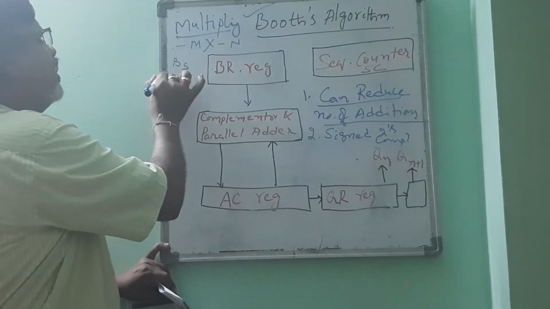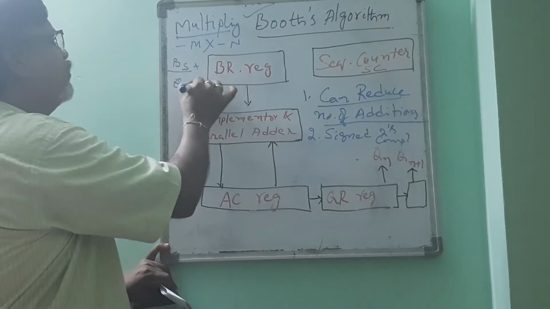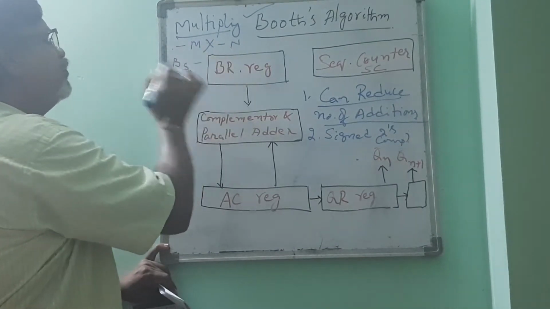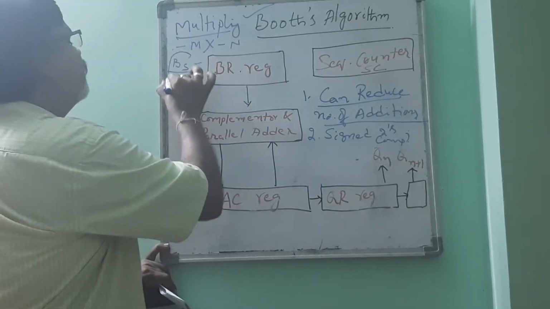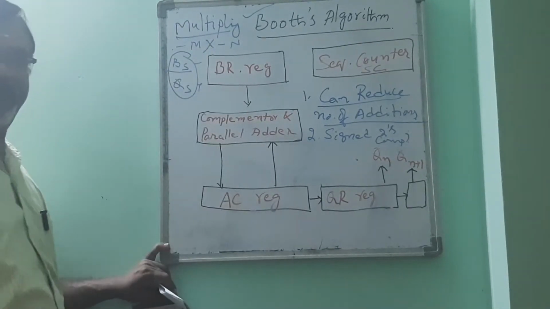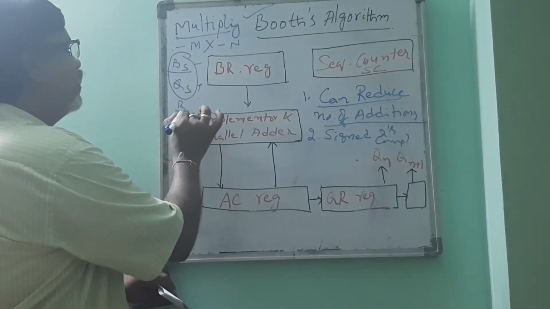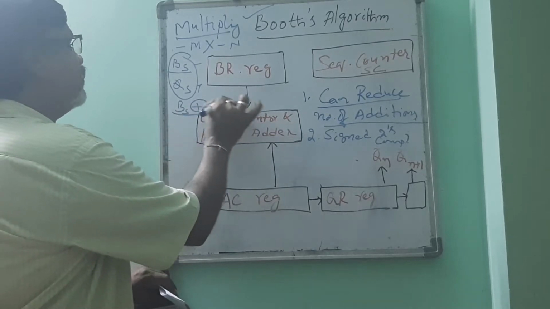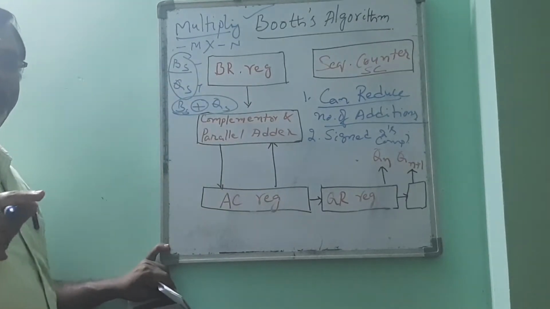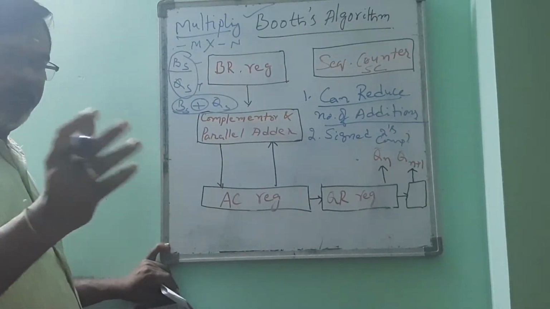Sometimes both are negative, sometimes both positive, sometimes one is negative and the other positive. So first we performed the XOR operation between bs and qs in the first step of the algorithm, and whatever result we got was finalized as the sign bit of the total product.